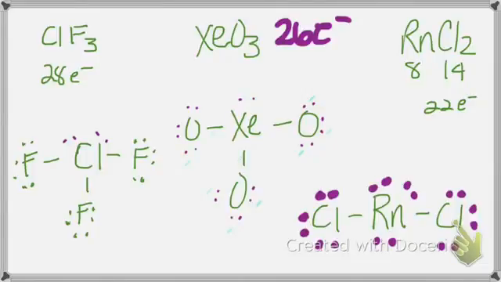But that's what radon chloride looks like. Count them. 2, 4, 6, 8, 10, 12, 14, 16, 18, 20, 22. My sweet little Chem 1 kids are still going 1, 2, 3, 4. You can count by 2s. It's twice as fast.